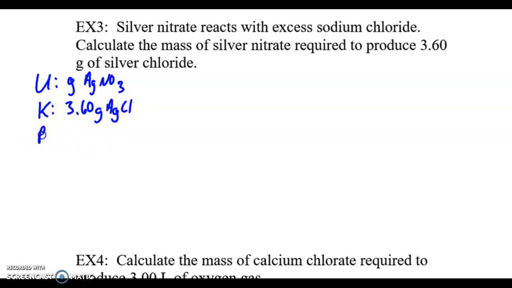All right, and our plan, well, two different compounds here, so we're going to have a chemical reaction to convert, so balanced chemical equation. All right, and then we're going to go grams to moles to moles to grams. 3 steps, again, very similar to the last problem.